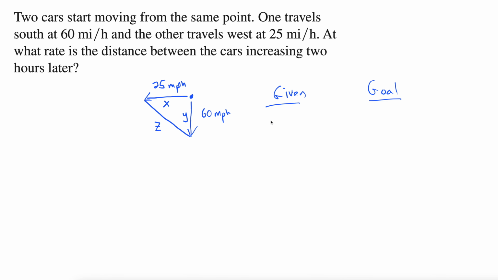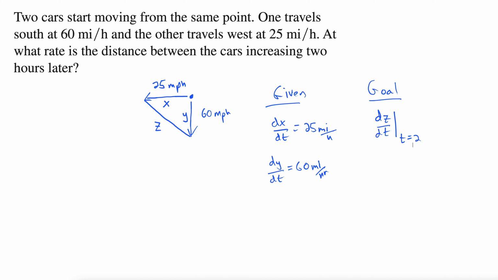So given, we have dx/dt is a constant speed of 25 miles per hour, and we have dy/dt, that's the rate north-south, 60 miles per hour. And our goal is to find dz/dt, the rate at which the distance between the two cars is changing, but when, that's always important for our goal, at t equals 2 hours.